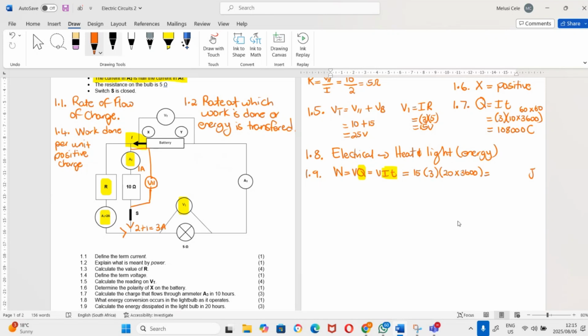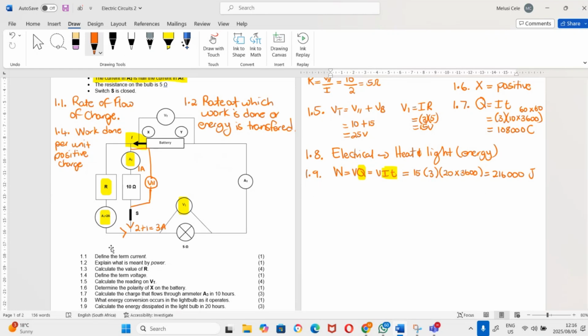And so if you multiply that out, you will get 216,000 joules of electrical energy transferred into the bulb, right? And if we assume all of that is converted to heat and light, then 216,000 joules of energy is given off as heat and light.